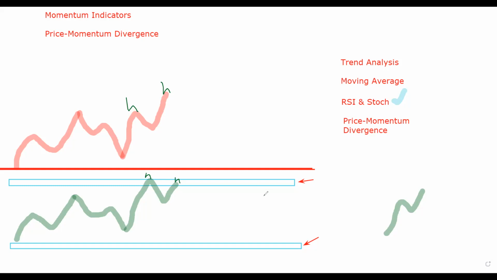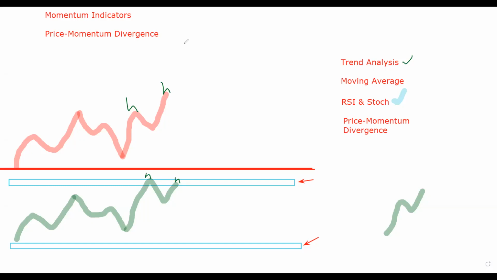That is a lower high. When we looked at trend analysis, we talked about these higher highs and all those things. That's why it's important that we do all these things step by step. If we had not talked about trend analysis, or if we're not in the trend analysis class, you might not really be able to get what we're trying to talk about here. So the price is making a higher high, and then the momentum instead is giving us a lower high.